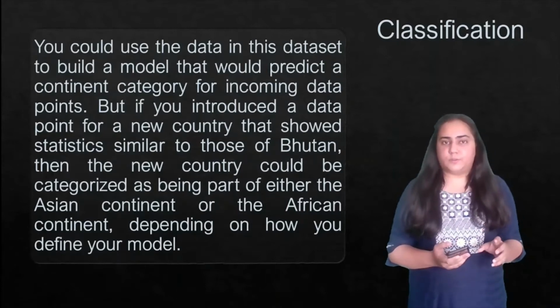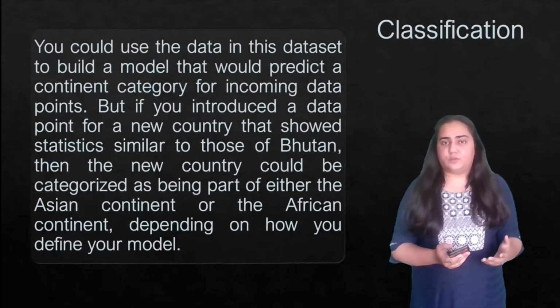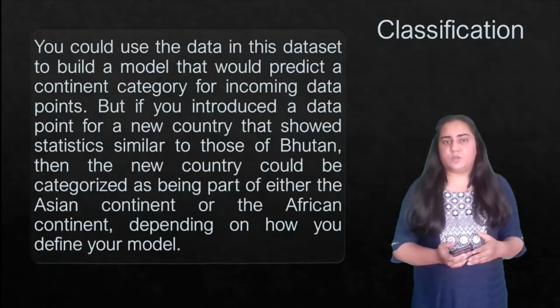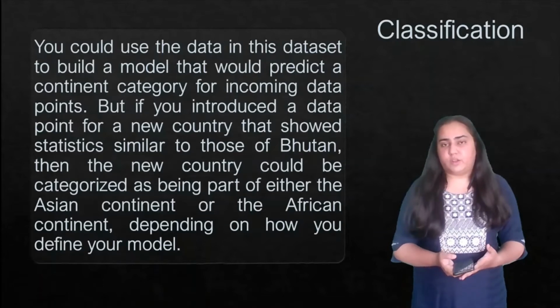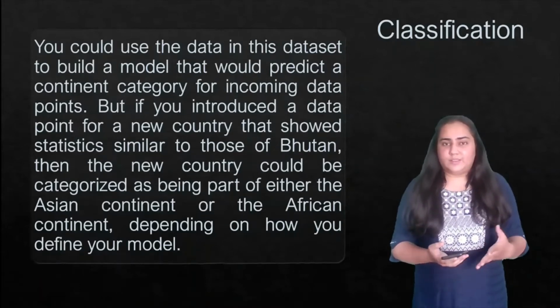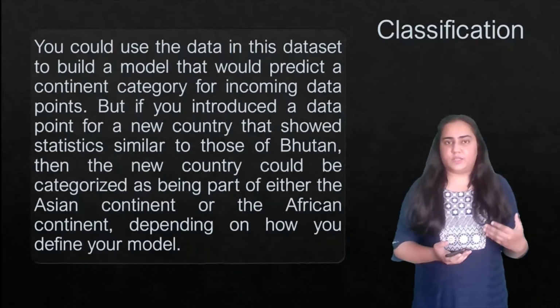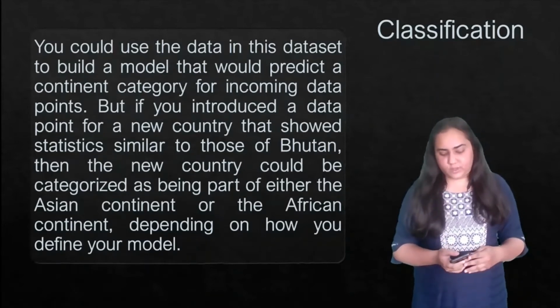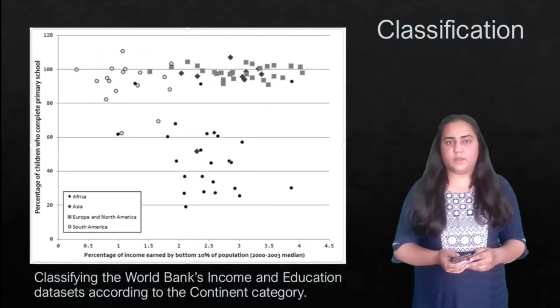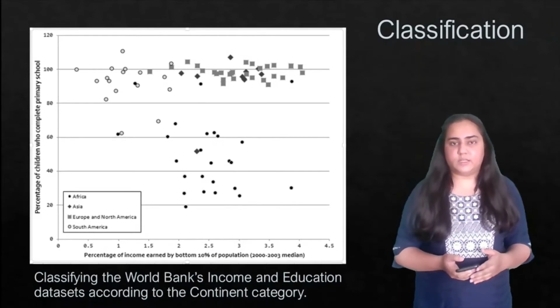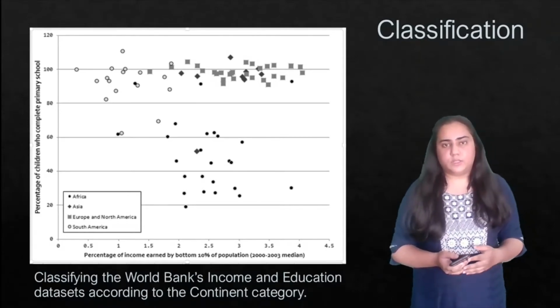But if you introduced a data point for a new country that showed statistics similar to those of Bhutan, then that new country could be categorized as being part of either the Asian continent or the African continent, depending on how you define your model. So it could fall in the Asian or African continent based on the data point and the attributes that those points have. This is once again the diagram classifying it according to the continent category.